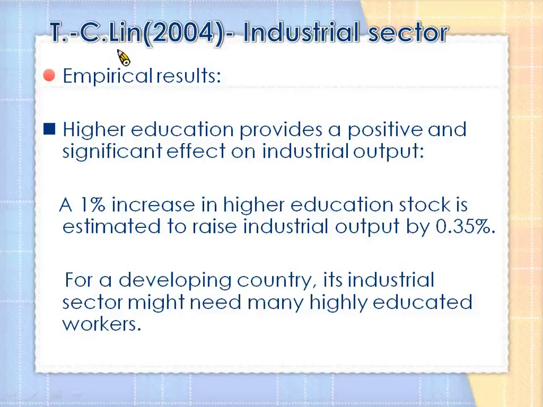So you can see the industry output has a stronger effect from higher education. For the whole economy it is only 0.19%, but in industry output it has 0.35%. For developing countries, the industrial sector might need many highly educated workers.